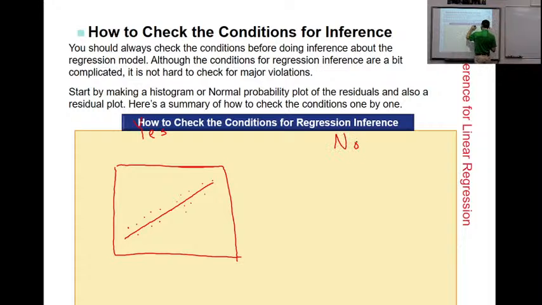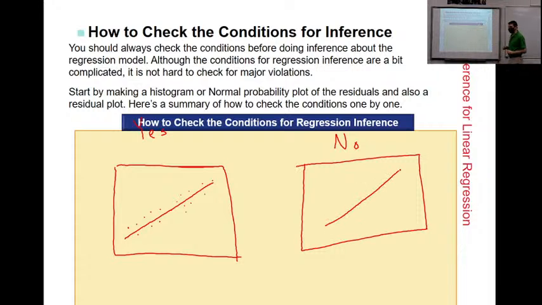Here's an example of no equal variance. Here's the same picture, same line fitting the data. That is not equal variance.